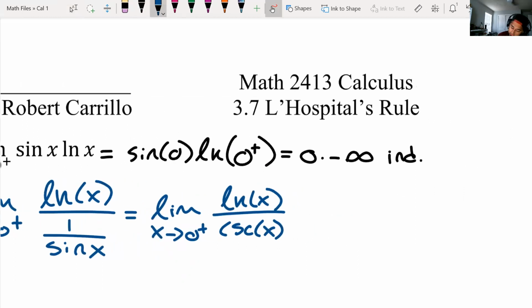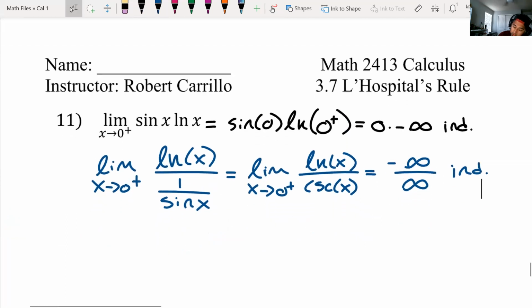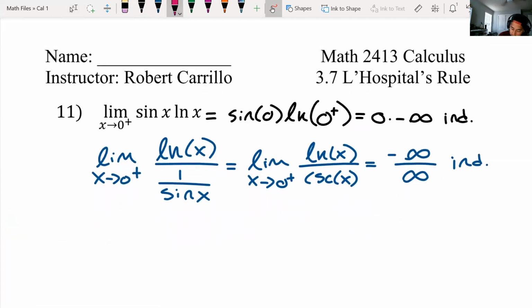And again, if you plug in 0, you would still get negative infinity over infinity, which would be indeterminate. Okay, which means we can now use L'Hopital's, and the limit as x approaches 0 from the right, the derivative of the natural log is 1 over x.